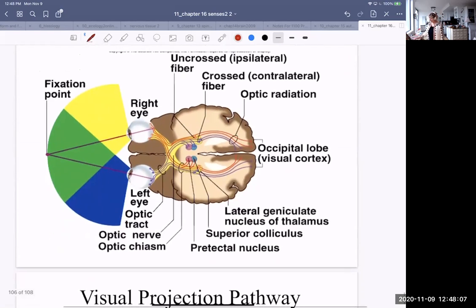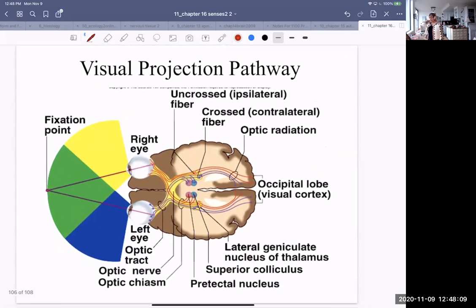And the pathway is quite interesting, the visual projection pathway. This is the optic chiasm here. And you can see that some of the cells, the ganglion cells, are on the same side, and they go to, for example, the visual cortex in one hemisphere, whereas the other ones from the other eye, the left eye, cross over, and they go to the other one.